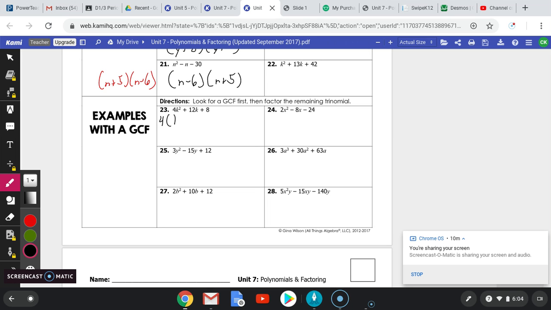What's left over? k squared plus 3k plus 2. And now I would ask what two numbers multiply to give me 2, and those same two numbers add to give you 3. Well, the only possibility is 2 and 1. So my final answer would be 4, k plus 2, k plus 1.